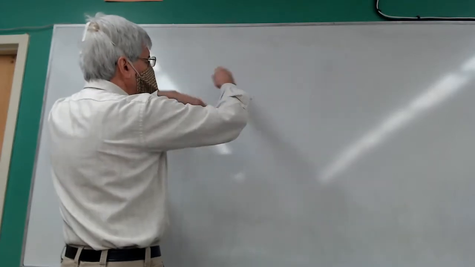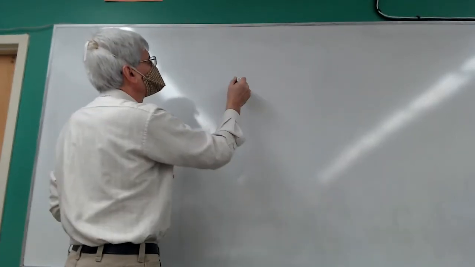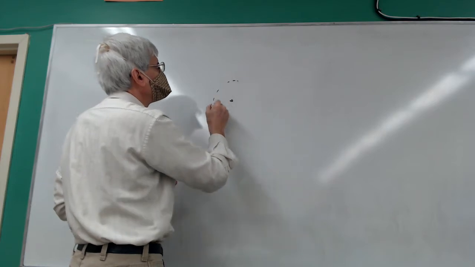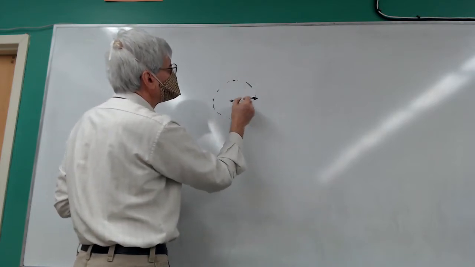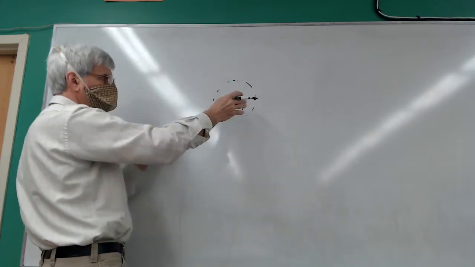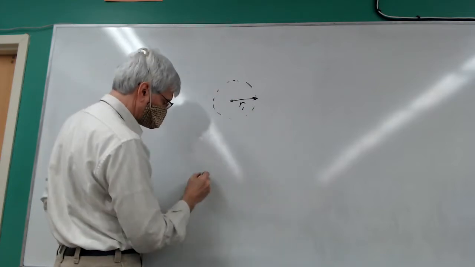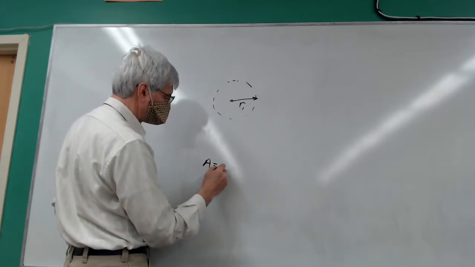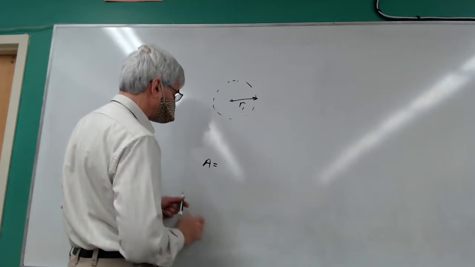Whatever the stuff is that's being sprayed out in all directions, at a distance of R1, it passes through a sphere whose surface area is, well, just a sort of a footnote here. The surface area of a sphere.